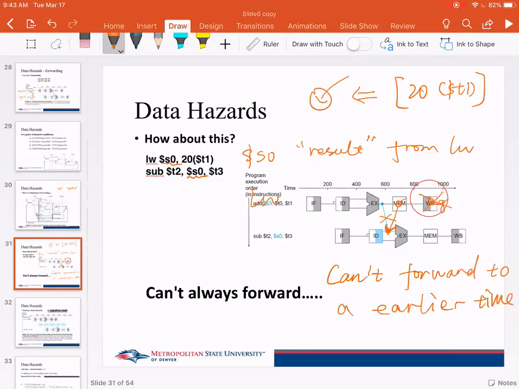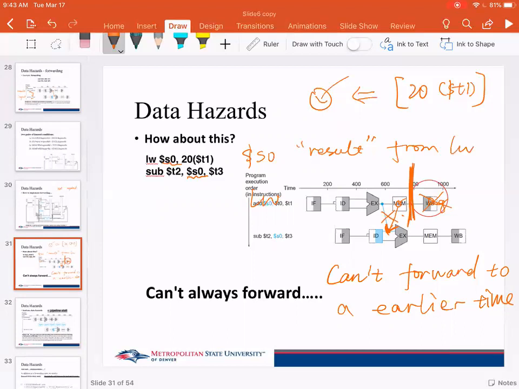If I connect the data memory to the input of the ALU, then what you are doing is you assume you can take this data to wherever you can. Of course, this is not real, because you have to wait until this timeline to do any forwarding, right?